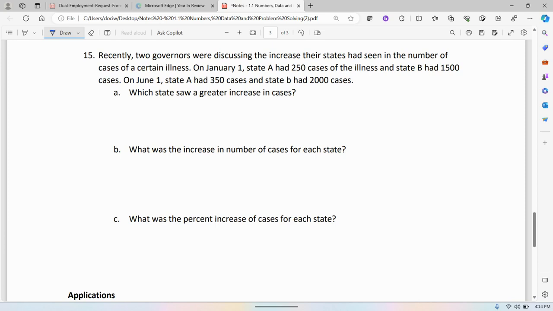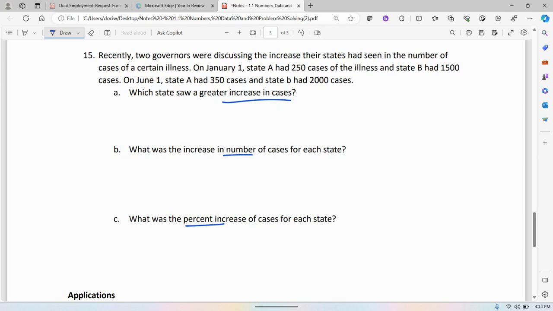Which state saw a greater increase in cases? This is something that we'll argue about. When I say which state saw a greater increase in cases, what do I mean by increase in cases? Do I mean the number of cases or the percent increase of cases?